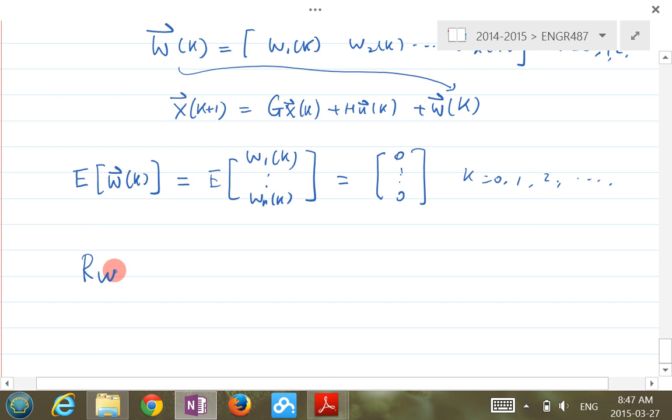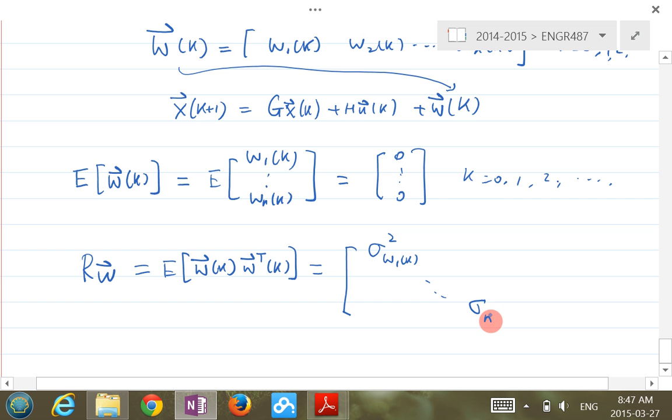If we look at the autocorrelation for the W vector, which is this guy here, we can write it down like that, and it turns out to be basically sigma W1 of k squared up to sigma Wn of k squared.